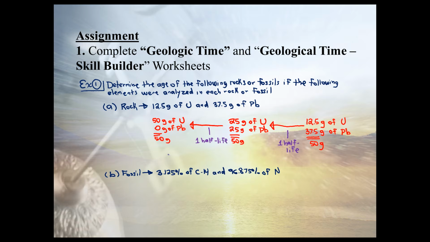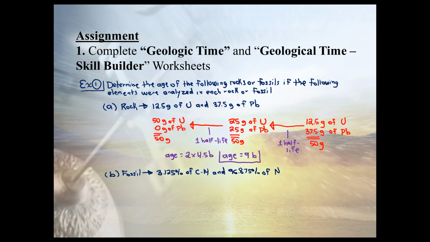To get the age, you take the number of half-lives that have passed, that's 2, and multiply by the half-life of uranium. The half-life of uranium is 4.5 billion years. So your age would be, 2 times 4.5 would be 9 billion years old.